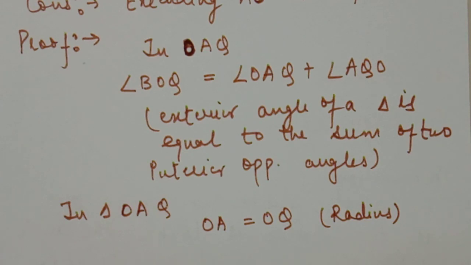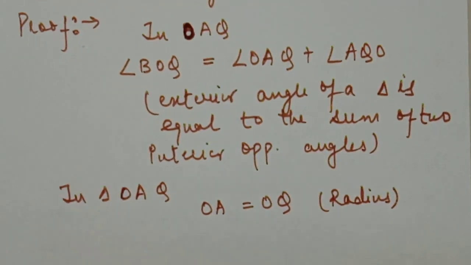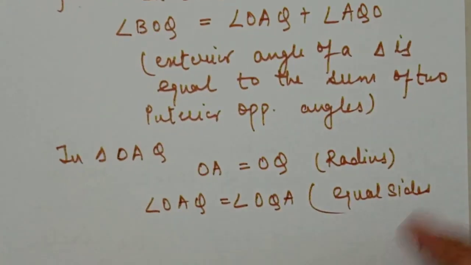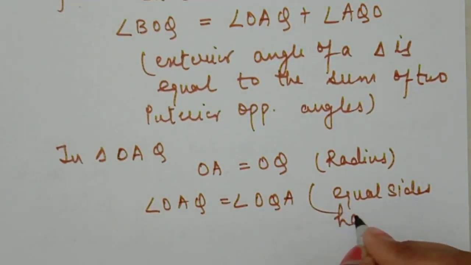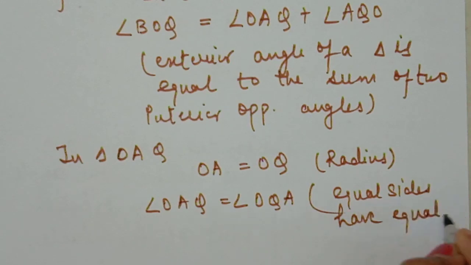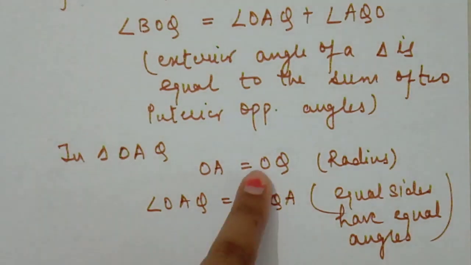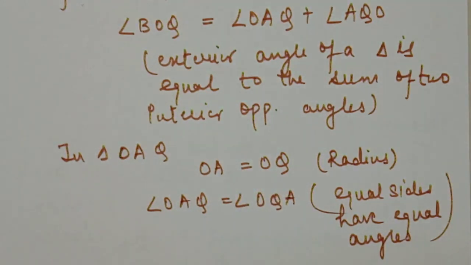We read a theorem in chapter number 7 that if two sides are equal in a triangle, then the corresponding angles are also equal. So angle OAQ is equal to angle OQA. Equal sides have equal angles. Correct? So if sides are equal, then definitely angles are also equal.